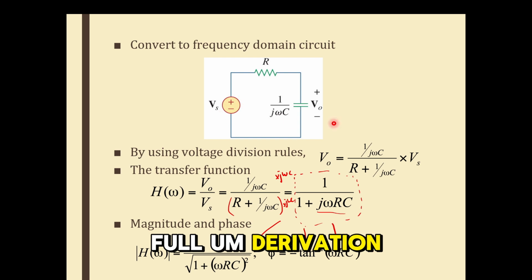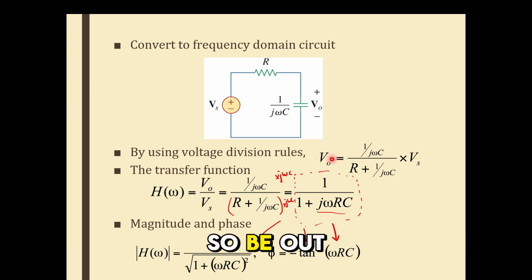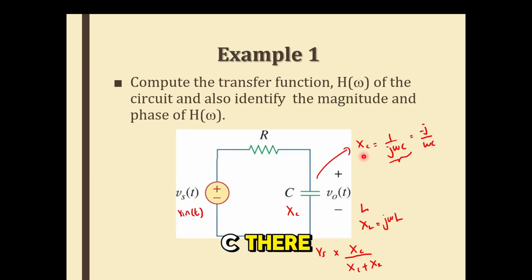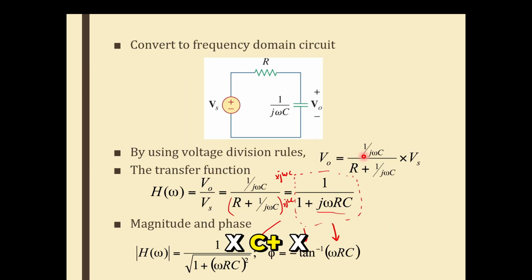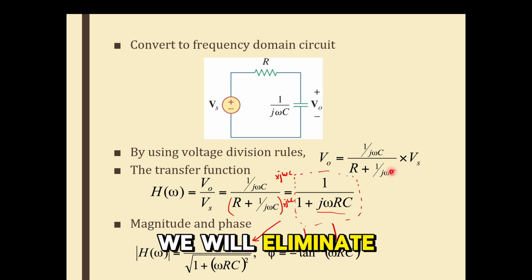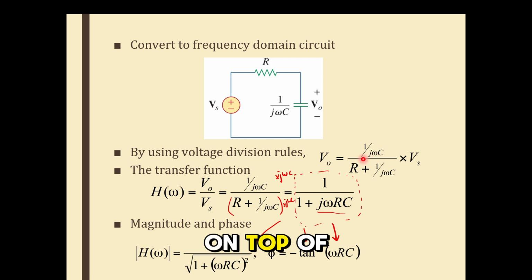Now you have a full derivation here. So Vout is 1 over jωC, which I write as Xc, over Xc plus Xr. What we will do is we won't keep the jωC or s on top in the numerator; we will keep it as a 1.